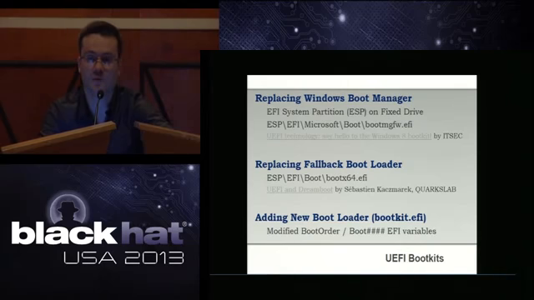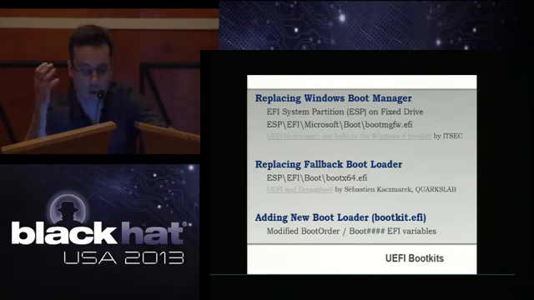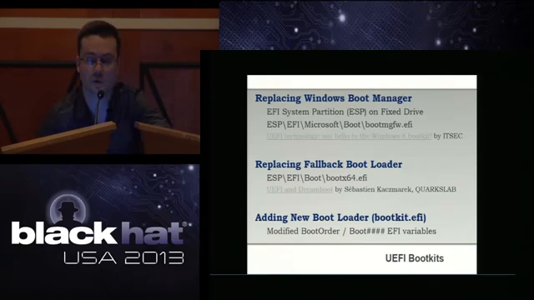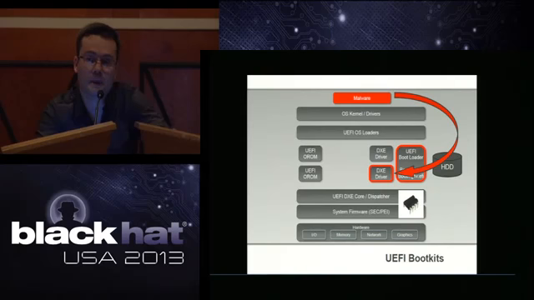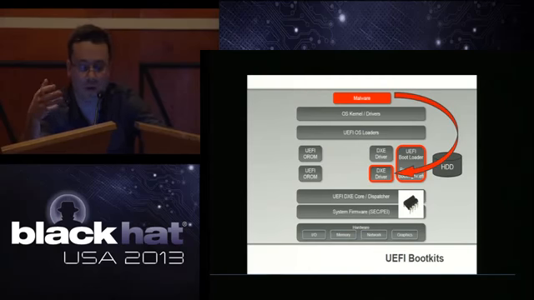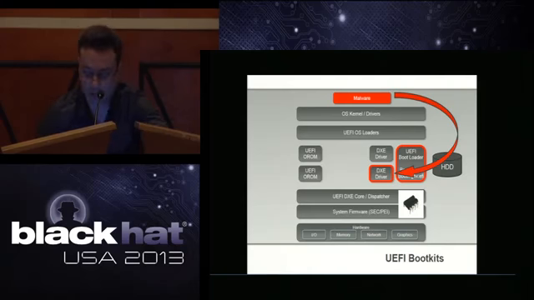In addition, the exploit could add its own bootloader instead of replacing one of the existing bootloaders. In order to do that, the exploit would need to modify some of the UEFI system variables, like BootOrder or Boot1, 2, 3, 4 and so on. The other way to install a UEFI bootkit would be, instead of replacing the bootloader, to add a DXE driver, which will get dispatched before the bootloader, and drop that DXE driver on a UEFI system partition or even removable media.